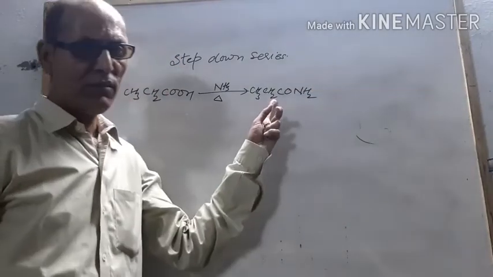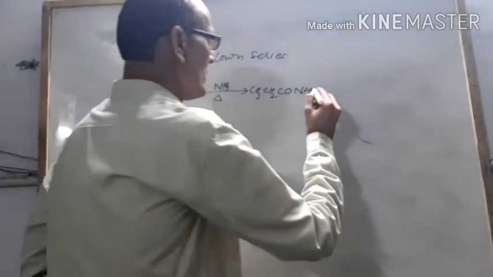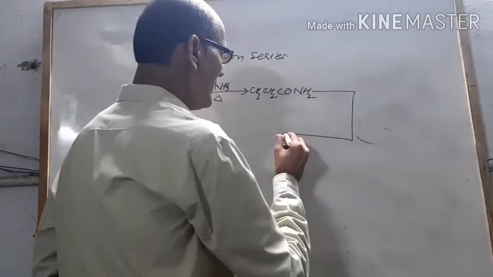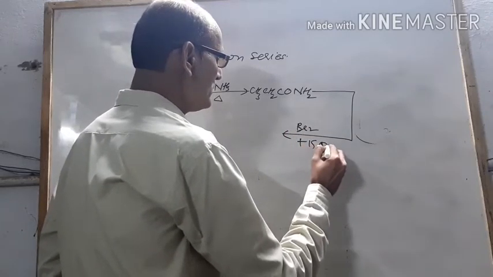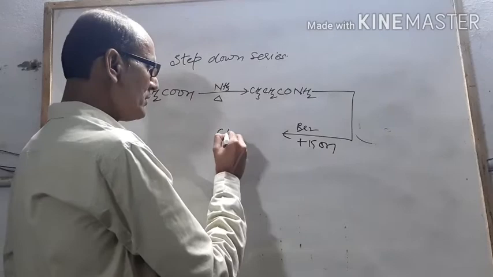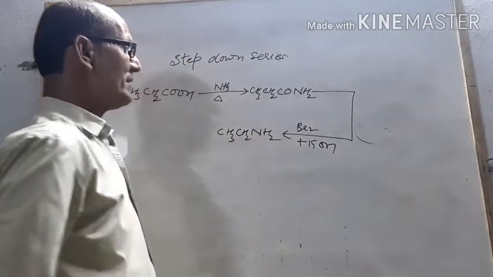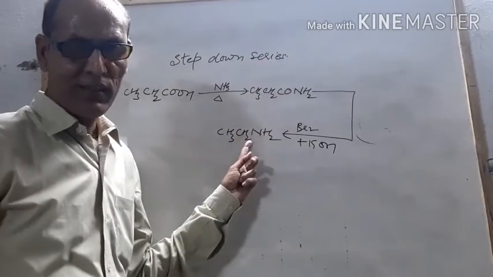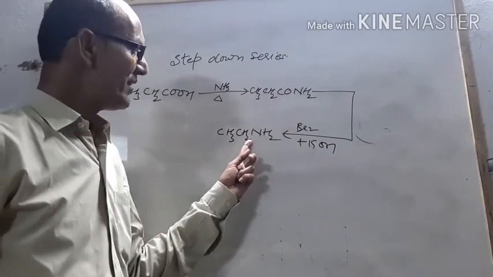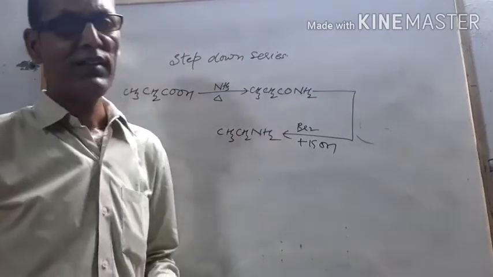and from the amide we can decrease the carbon by using Hofmann bromamide, Br2 KOH. So you will get amine CH3CH2NH2. Keep in your mind, there are 3 carbons here, we have to take 2 carbons. Don't make the mistake. If you write CH3CH2CH2NH2, then it will be wrong.